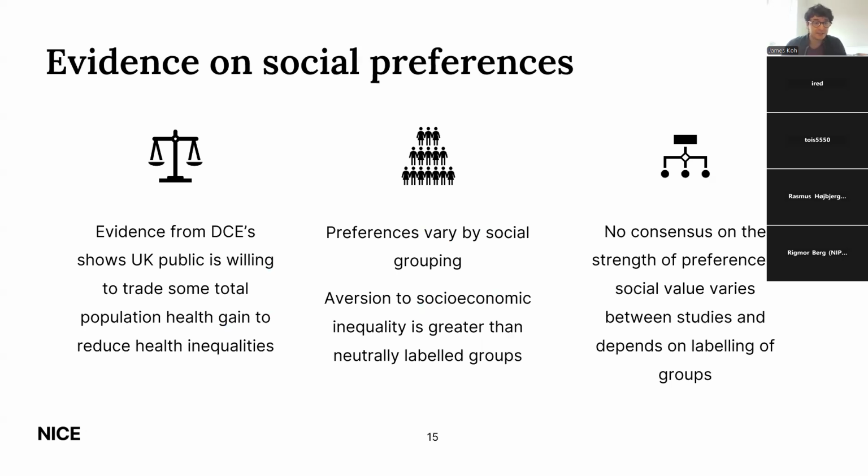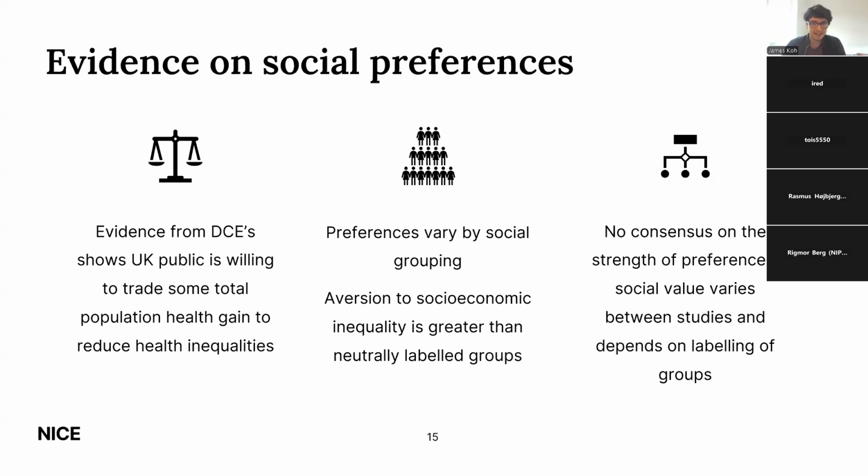And the evidence from these discrete choice experiments shows that generally speaking, the public in the UK is willing to have some prioritarian leanings. They trade off some potential total health to have a reduction in health inequalities. But it's really murky.